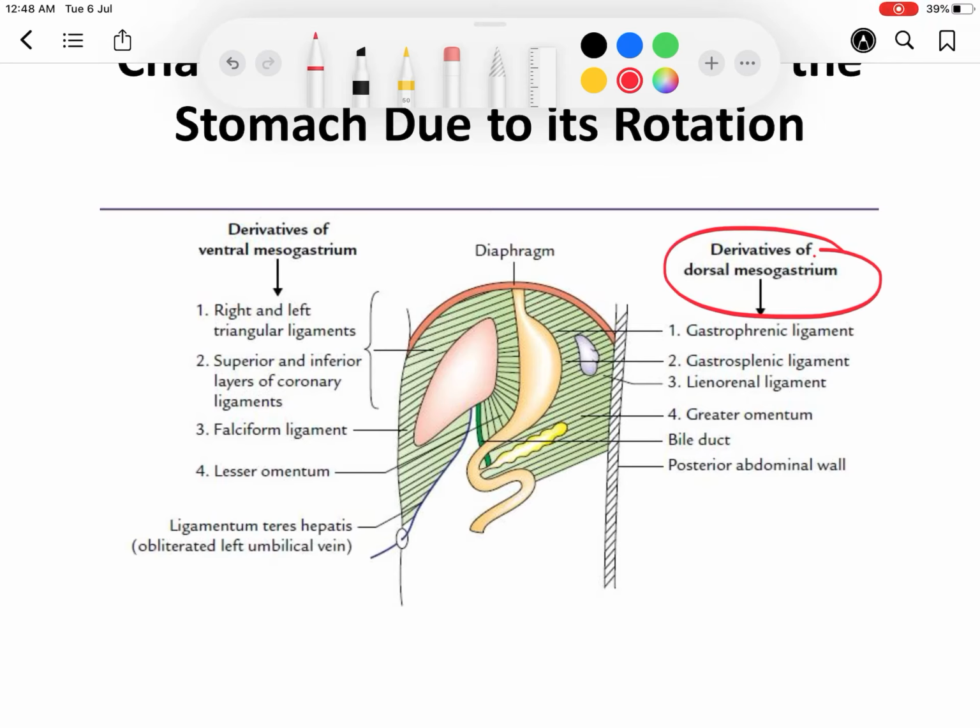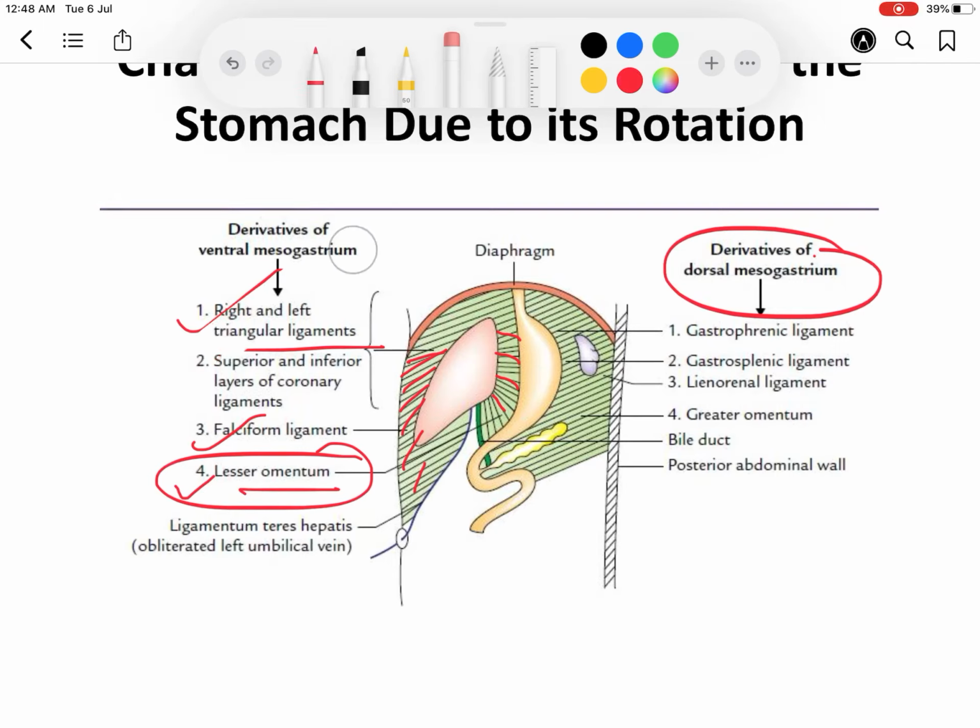Anterior to the liver, this part of the ventral mesogastrium forms the right and left triangular ligaments, the superior and inferior layers of the coronary ligament, and the falciform ligament. Behind the liver, or between the liver and stomach, this part of the ventral mesogastrium is called the lesser omentum.